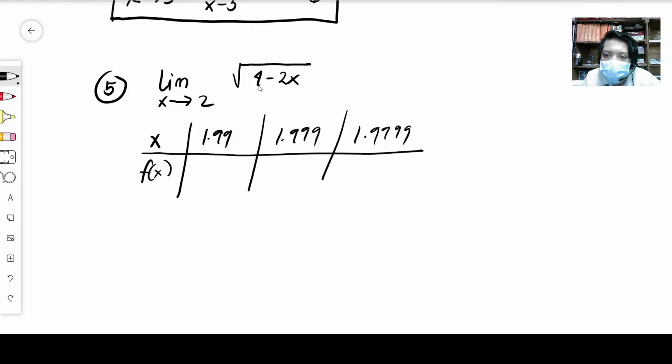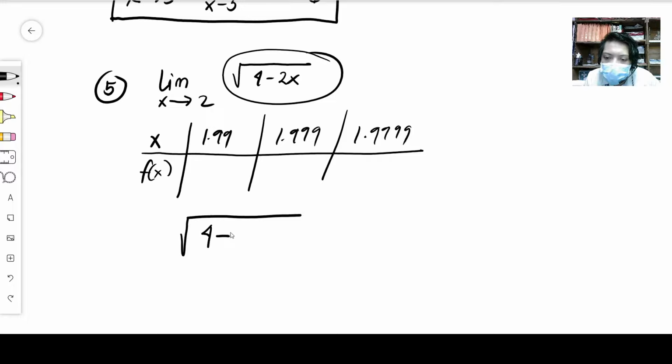Let us focus on this function right here, the square root of 4 minus 2x. If the value of your x is less than 2, for example 1.99, 1.999, 1.9999, basta not equal to 2, less than 2, the value of your function will eventually have an imaginary number, an imaginary value.